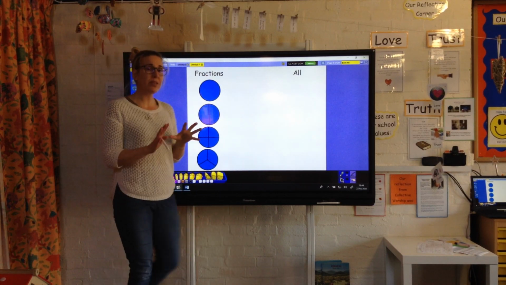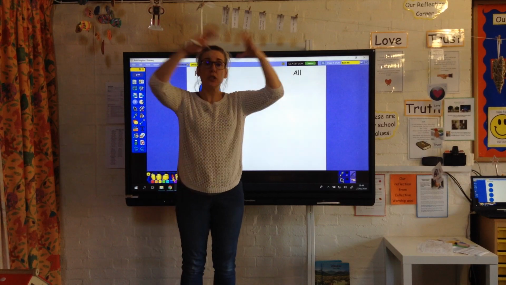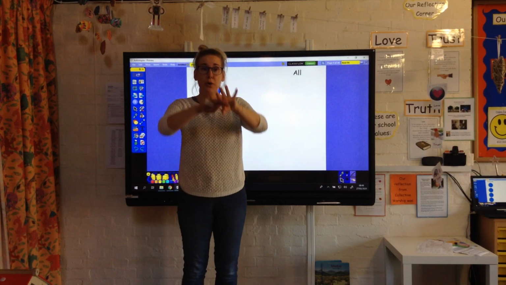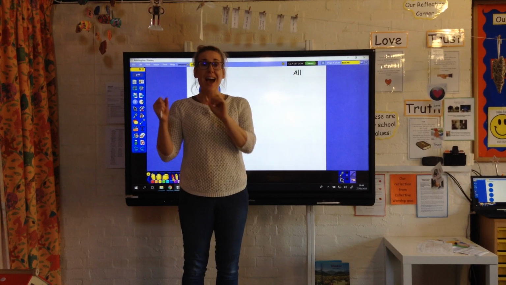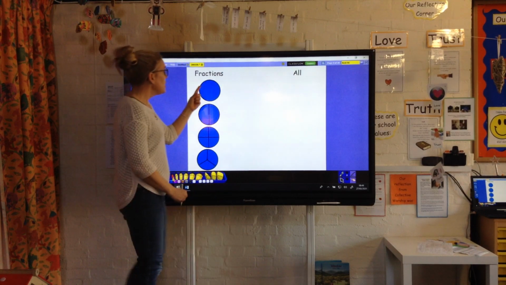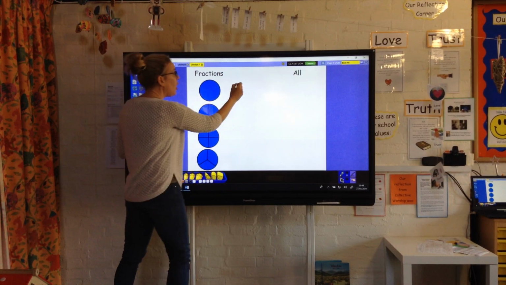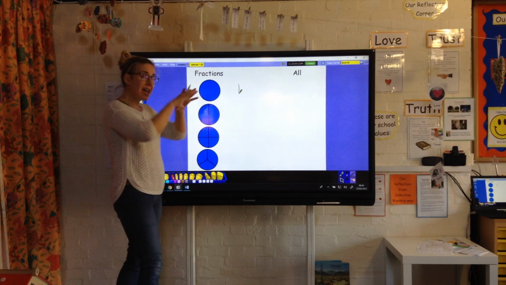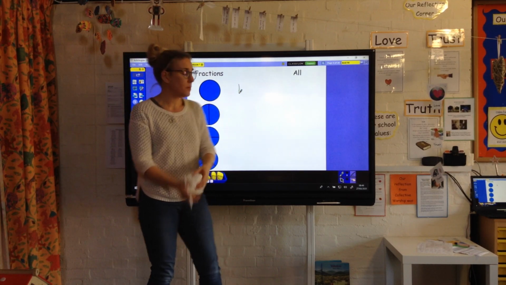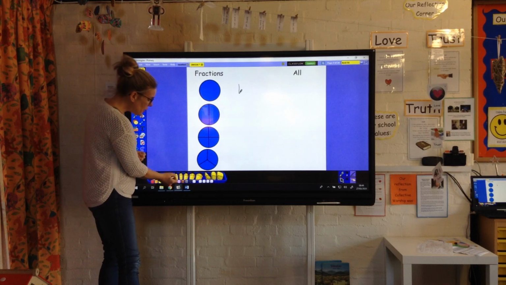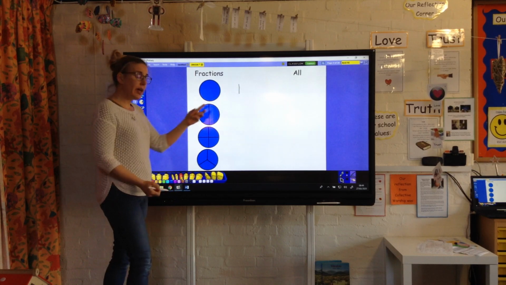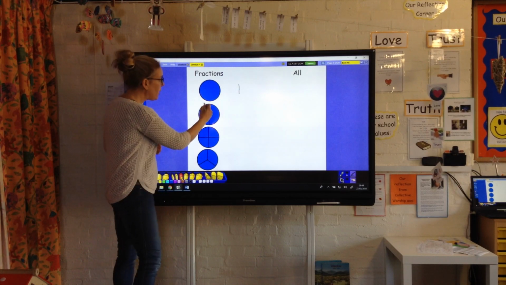So when we're thinking about fractions, fractions are part of a whole. You're thinking about a whole thing and a fraction is part of that. So my first image here, I have just got 1. So that is one whole circle, okay? When we have a look down at the next image, I have split it into 2 parts.